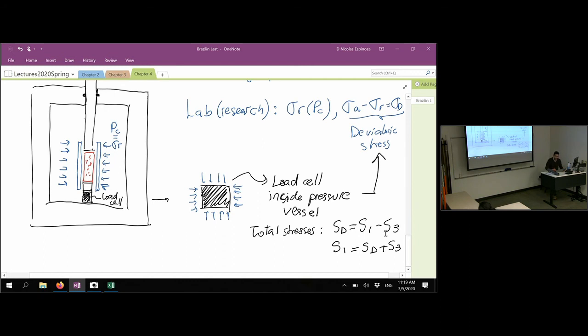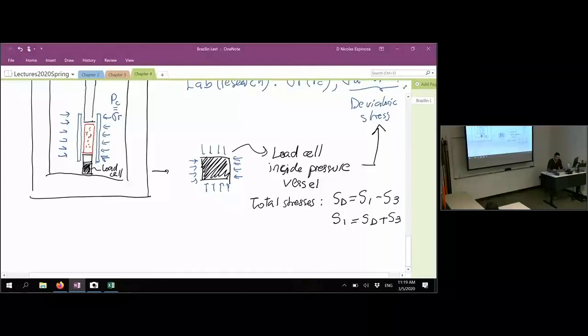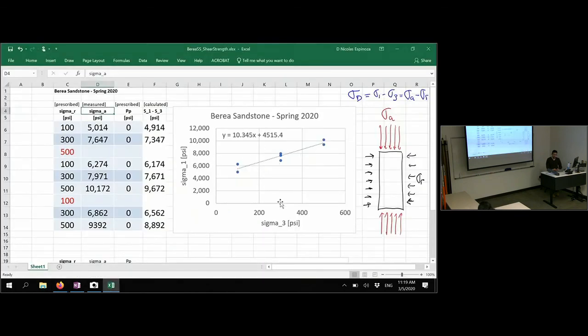And in terms of what we actually measure, this is the deviatoric stress plus the confining pressure. So you have everything in here. You have the confining pressure, you have deviatoric stress, then you just have to calculate S1, and this is going to be directly S3, and you're going to be able to do what we just did over here. It's going to be exactly the same.